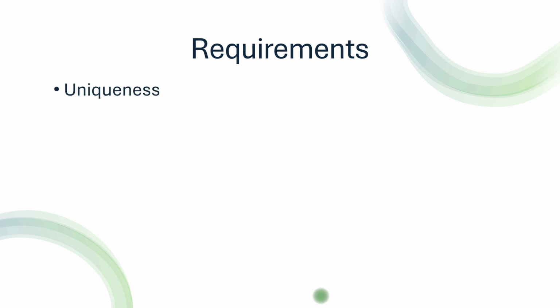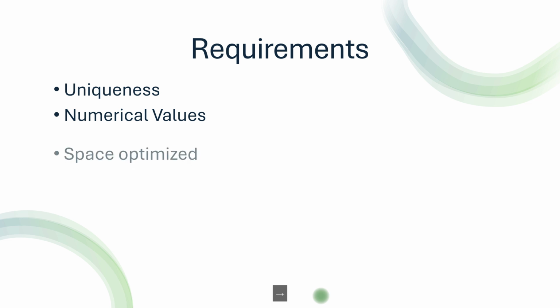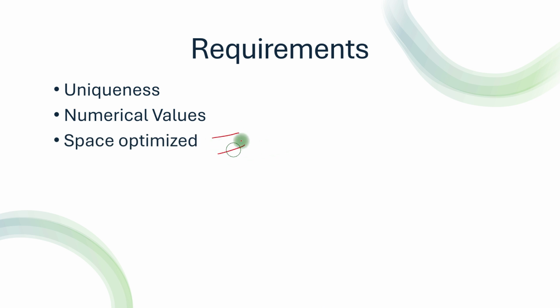First, uniqueness must be there. Numerical values should be there. There should not be any alphabet in it. Space optimized. What I mean by this is, in a distributed system there are a huge number of records being created, right? So we have to be very cautious about how much size we are adding for each and every attribute.